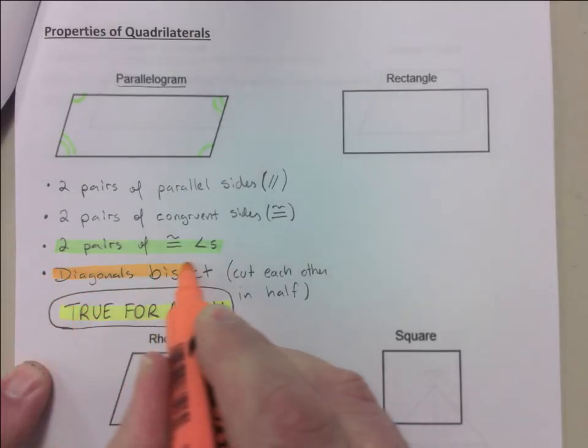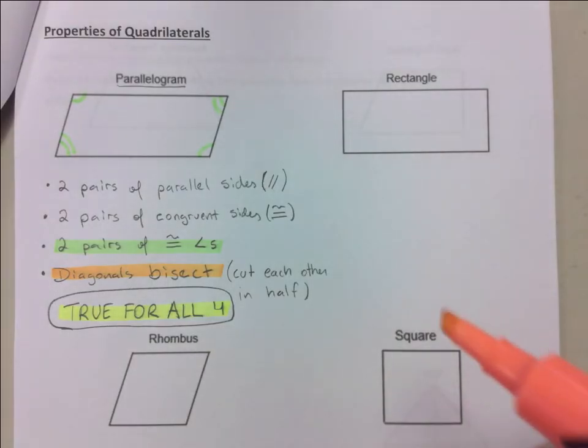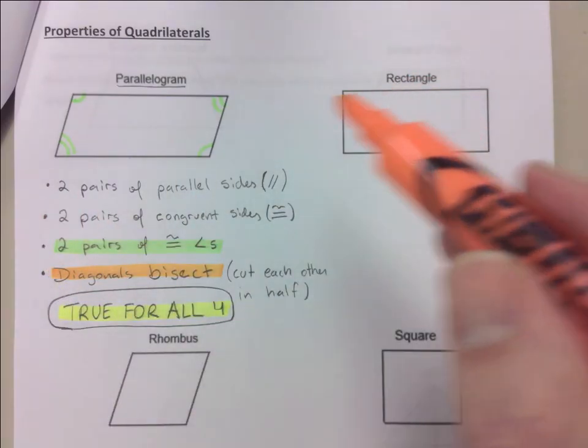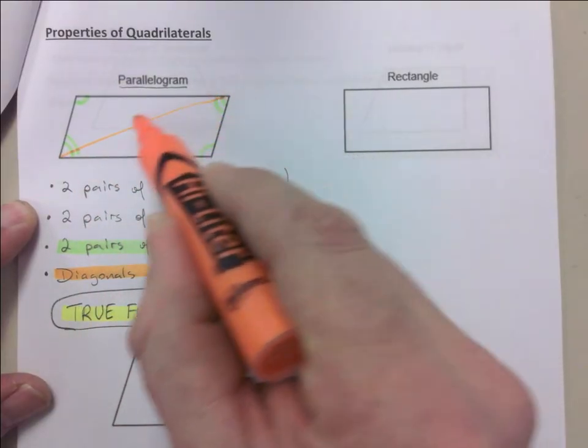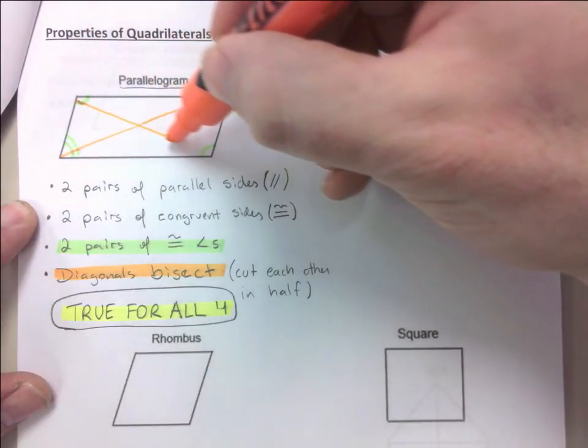And then for diagonals, I'm going to use this color. Diagonals cut across the shape from corner to corner. So you go from here to there, and from here to here.